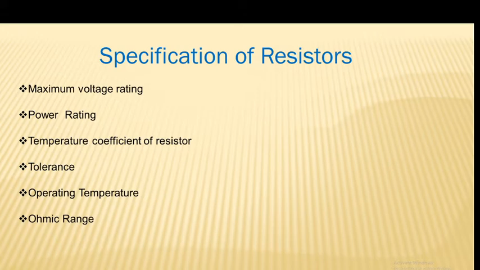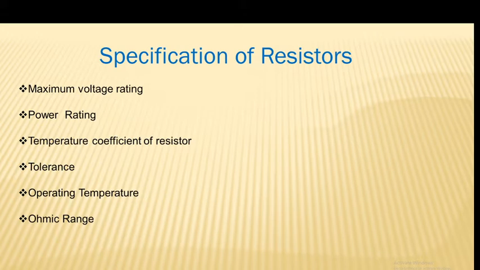Power rating for the resistor is given by 1/8 watt, 1/4 watt, 1/2 watt, 1 watt, 2 watt. These ratings are used for low power application, and for high power application, resistors have higher power rating, more than 100 watt. Size of the resistor directly depends on its power rating.